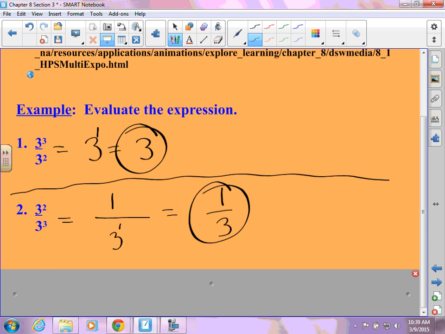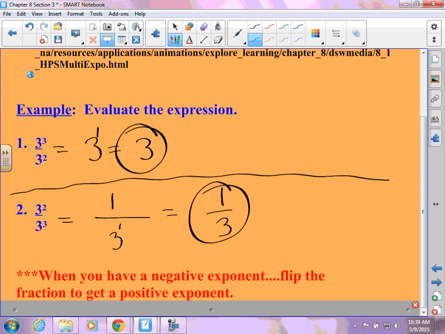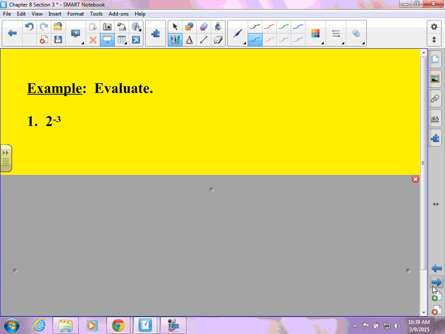Notice that when you have a negative exponent, we flip a fraction to get a positive exponent. We're going to talk about that in just a minute, okay? So let's take a look at this. You'll notice that our numbers today end up having some negative exponents, all right? And this is how we talk about it. So 2 is upstairs in the house, okay?